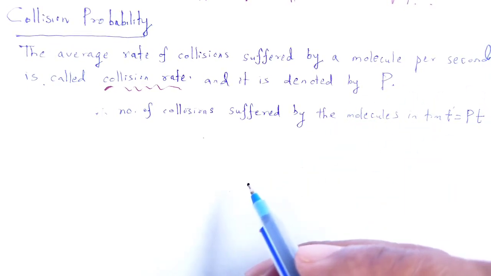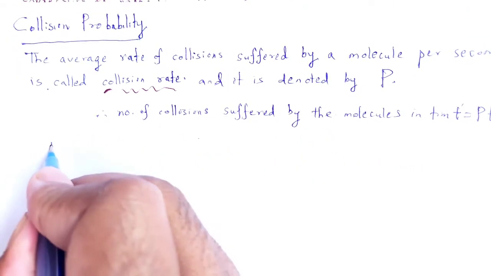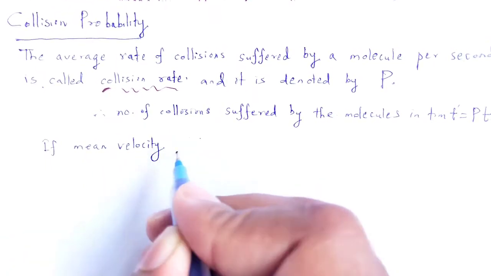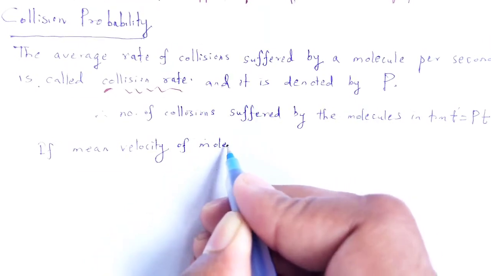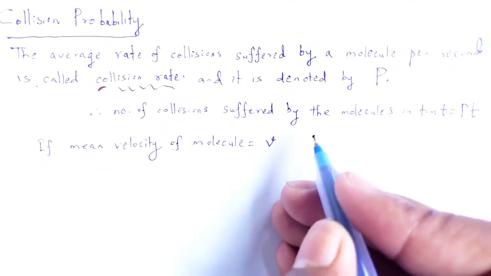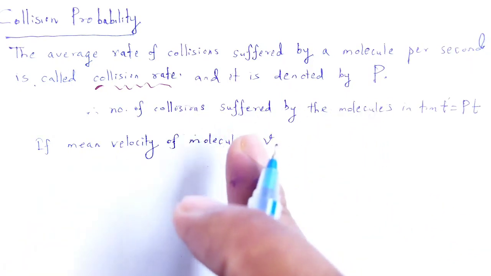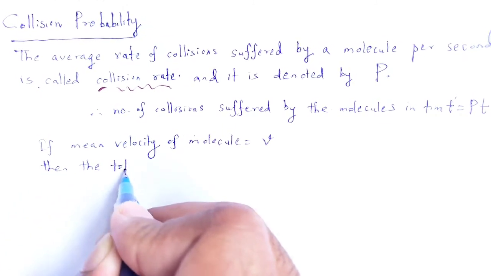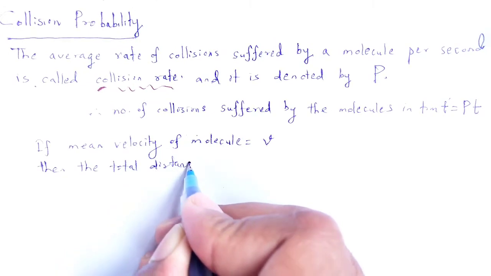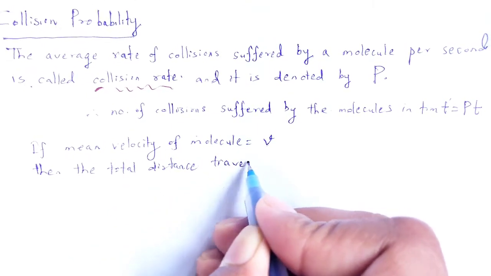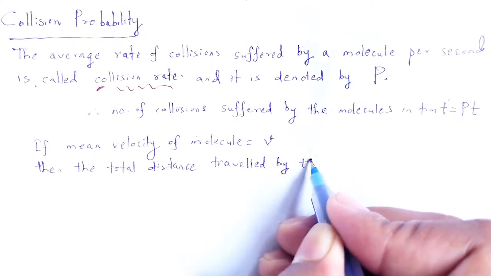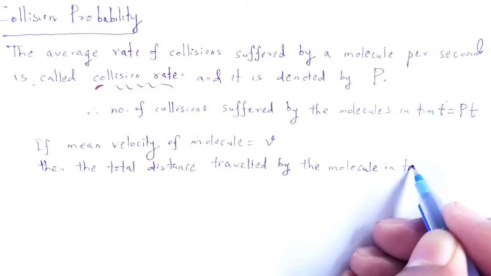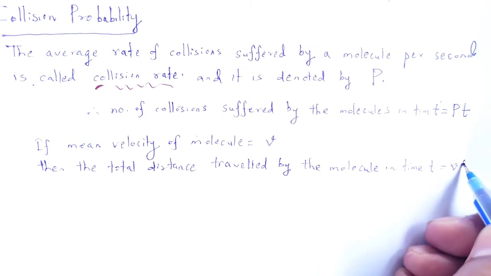If the mean velocity of the molecule is small v, then the total distance travelled by the molecule in time t is equal to v into t.